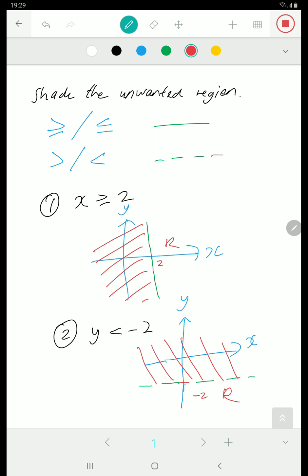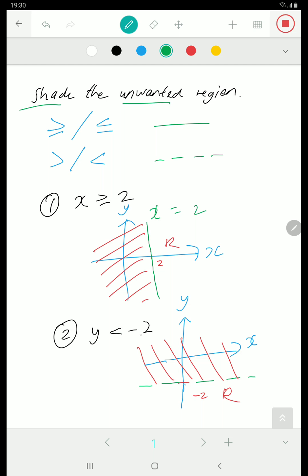understood now? Again, I repeat, x bigger equal to 2, bigger equal. So before you shade anything else, you must draw the straight line first. So this will be x equal to 2. Okay, and then bigger equal to means on right hand side, so I put R for the right hand side. Shade unwanted region, so on the left hand side.